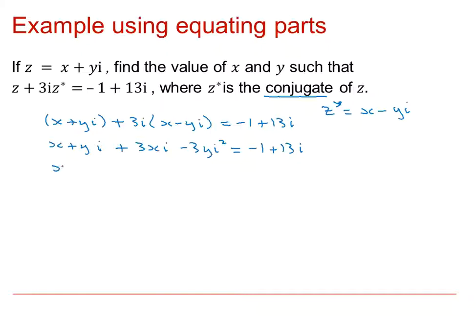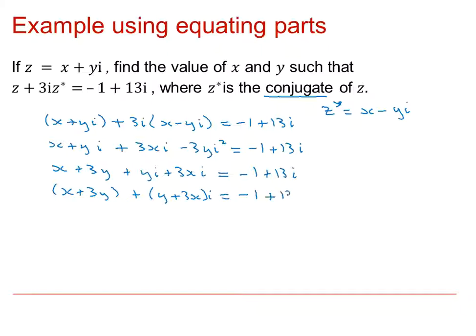So we've got an x, we've got plus 3y, and we've got yi plus 3xi for the imaginary parts equals minus 1 plus 13i. So we've got x plus 3y, which is the real part, and if I take out a common factor of i, we've got y plus 3x, the imaginary part, times i is the same as minus 1 plus 13i.